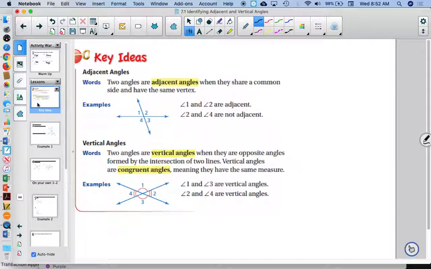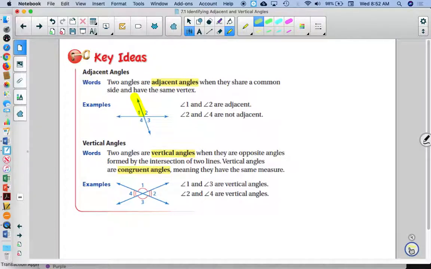So if you look here at angles 1 and 2 on this drawing, angles 1 and 2 share that side. That's what makes them adjacent to each other. Okay? Kennedy is adjacent to Caitlin. They share that one side there where their desks meet. Okay? They are adjacent to each other.